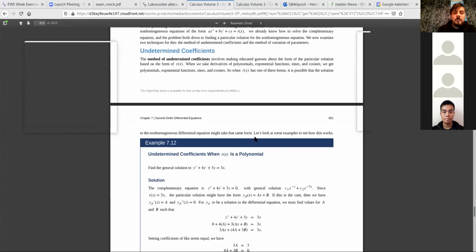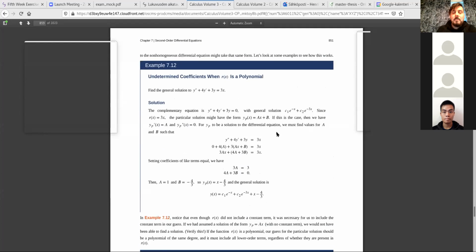And for instance, if R of x is a polynomial, then it makes sense to try a polynomial, because what happens if you have an nth degree polynomial and you take its derivative? You get a polynomial whose degree is n minus 1, right?